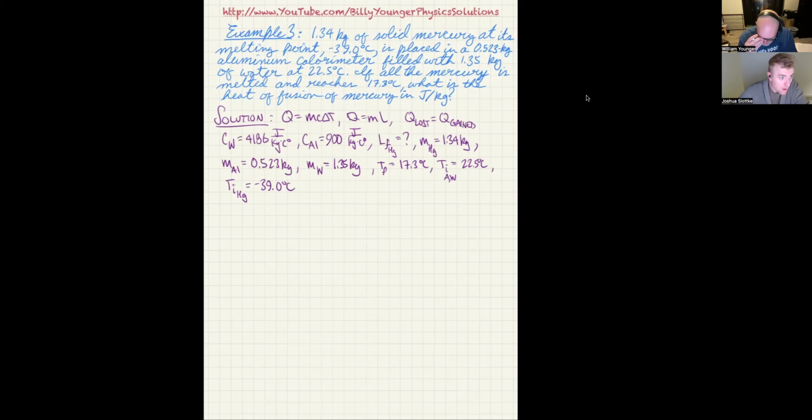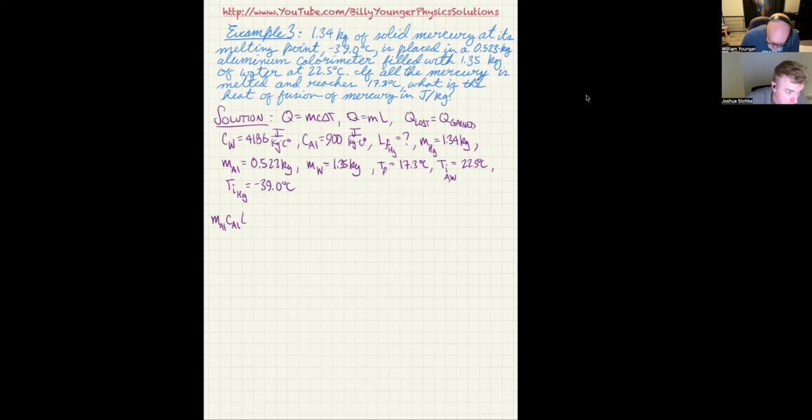Okay. So now I can write Q lost equals Q gained. As I said, the water and the aluminum will be the warmer things and they're losing the heat, so I'll put those on the left-hand side. The mass of the aluminum times the specific heat of the aluminum, and then times the change in temperature, which I'm going to put in now to help us remember to keep it positive, because I'm not using the formal definition of the capital delta.